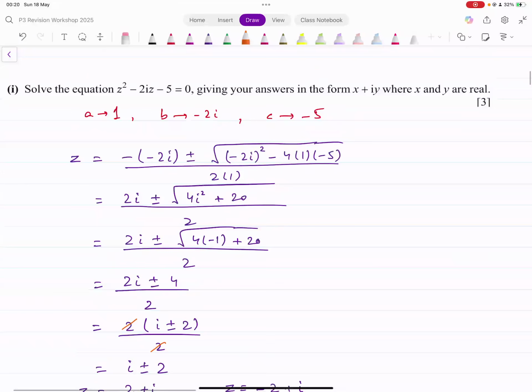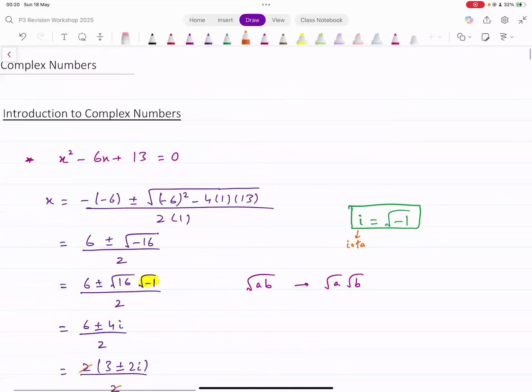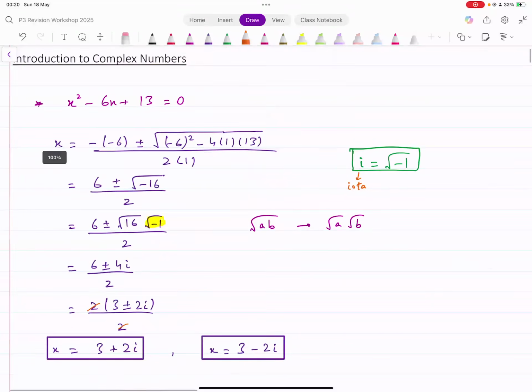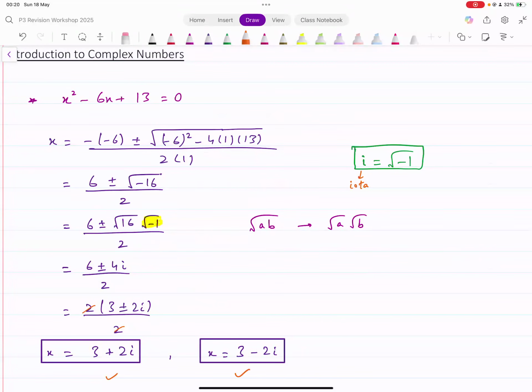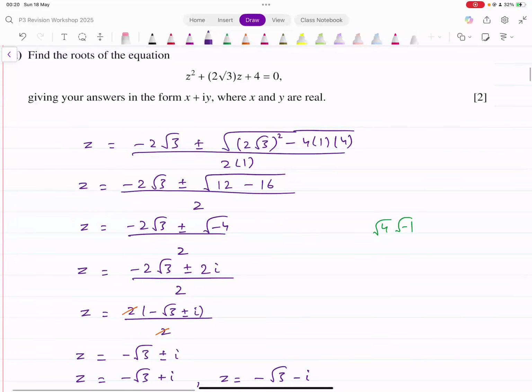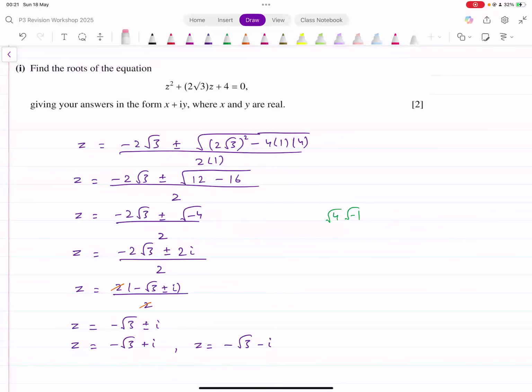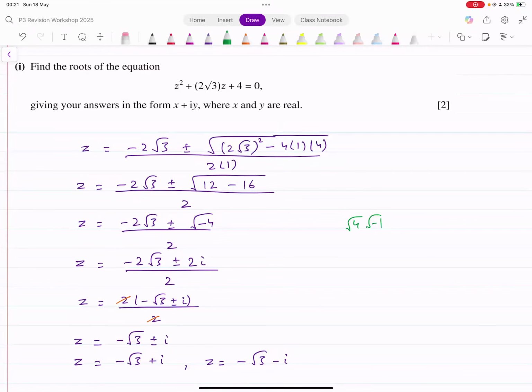Now, notice one thing. In the very first example that I showed you, I solved this equation. I got two solutions from that: 3 plus 2 iota, 3 minus 2 iota. Both of these solutions were conjugates of each other. You see, the equation only had real coefficients. There was no iota in that original equation. In this case, when I solved this equation here as well, I got two roots.